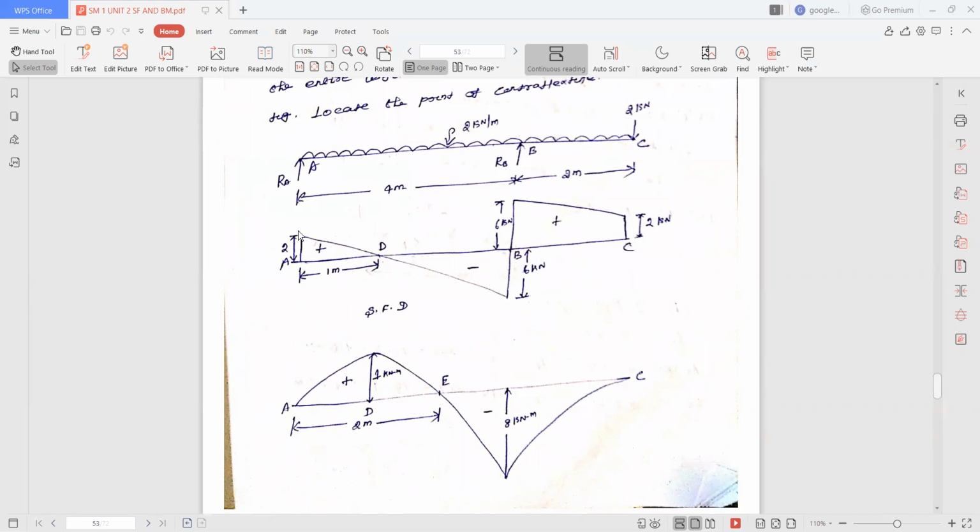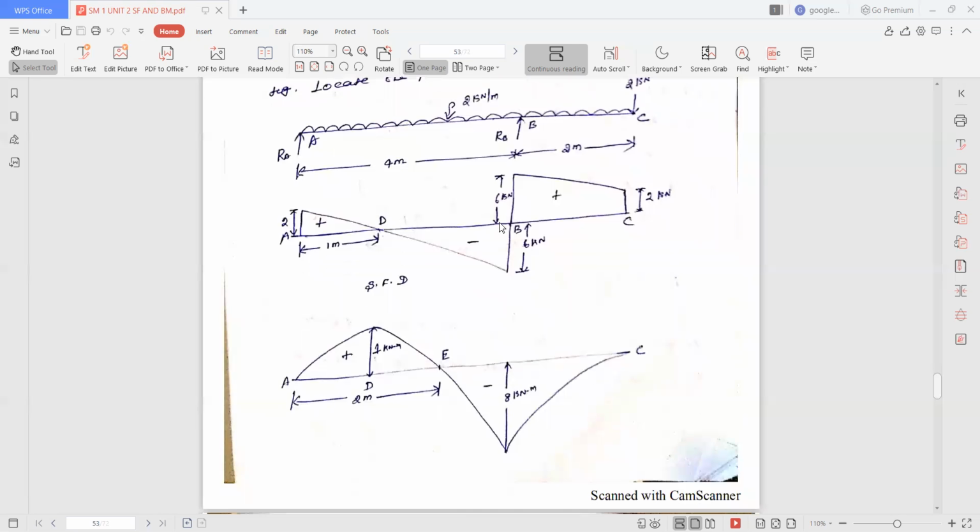The shear force here is 2 kilonewton, then at 1 meter it becomes 0, then again it will increase in the negative direction to minus 6 kilonewton at the point B. Then at B, what is the reaction RB?